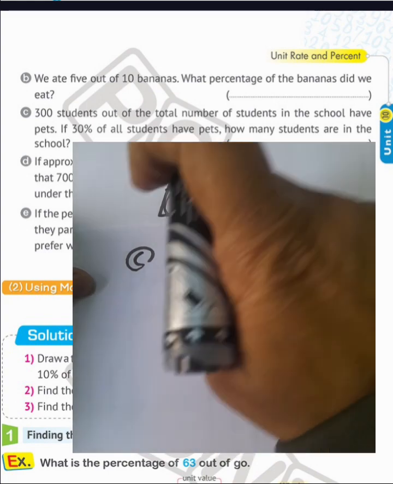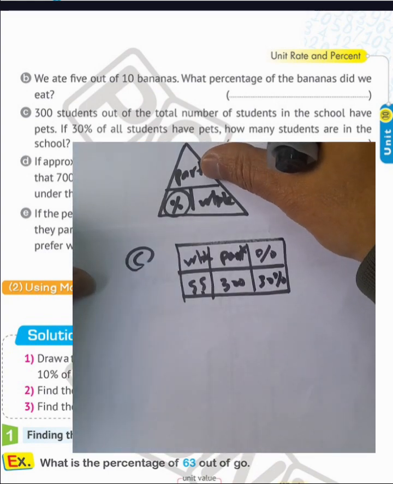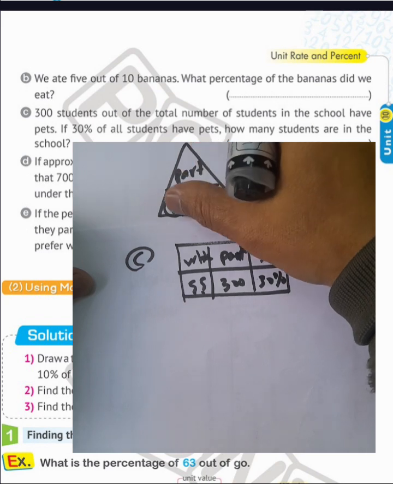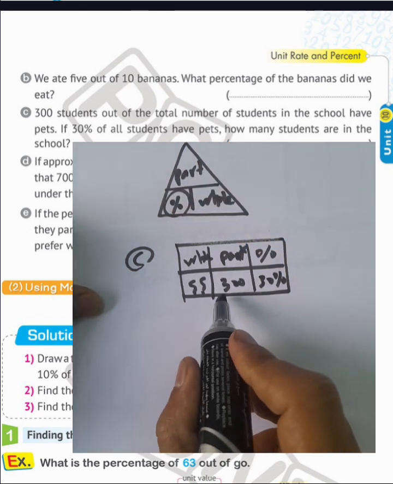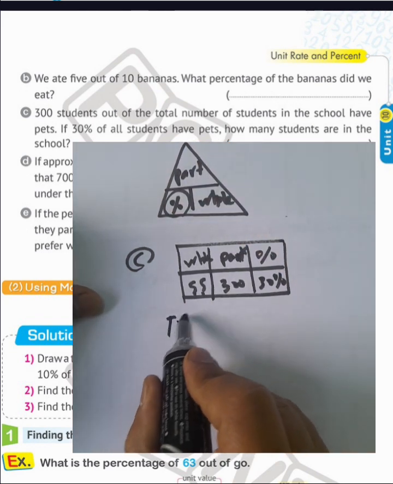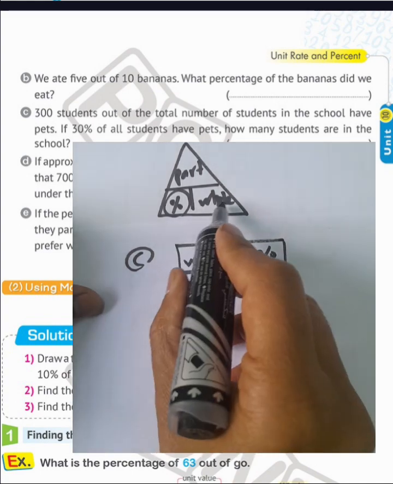Okay, to find the whole number, you must divide the part by the percentage. Then we can find the whole number, the total number. Whole number here refers to the total.